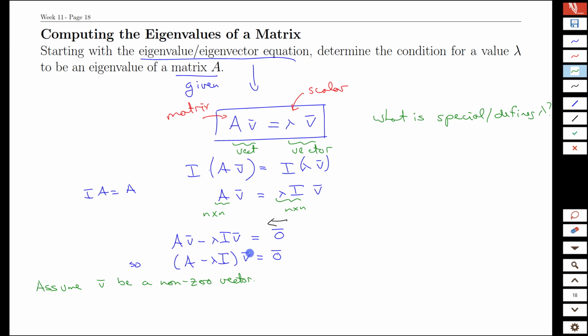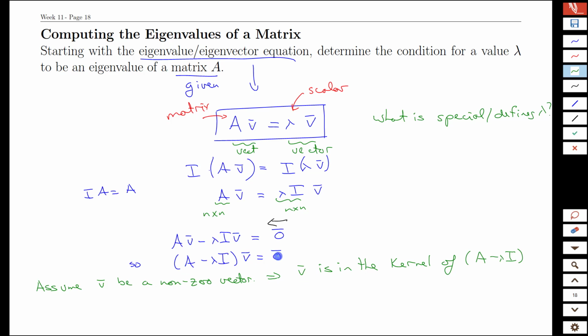All right. Well, then if that's the case, if v is a non-zero vector, then for this equation, v times this equals 0 means v is in the, ask yourself for a second, what space related to this matrix is it in? It is in the kernel of A minus lambda I. Whatever this matrix is, v gets sent to 0.